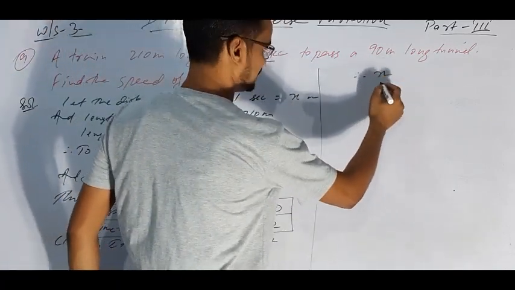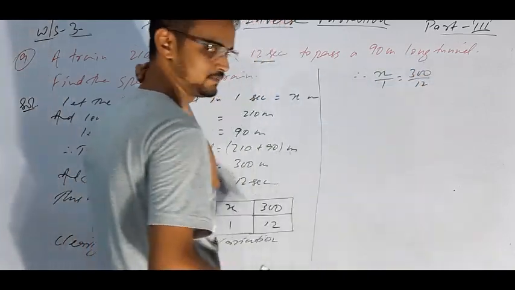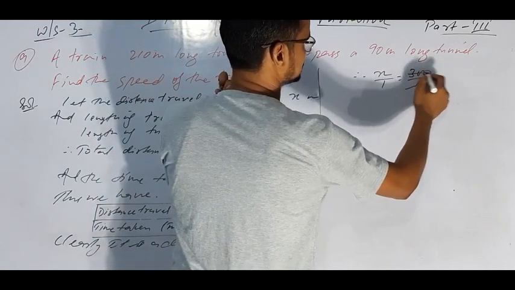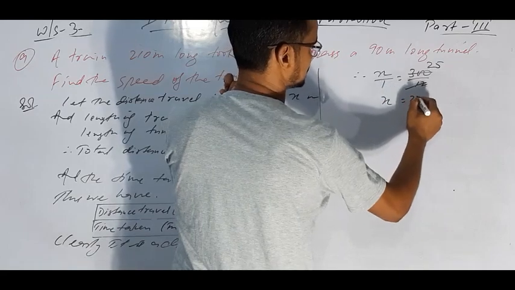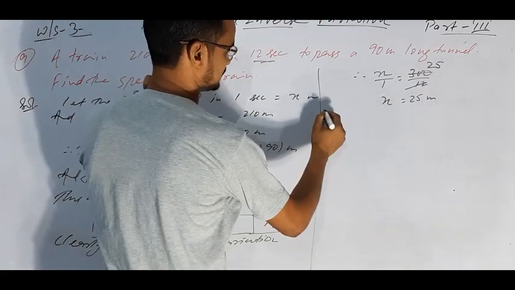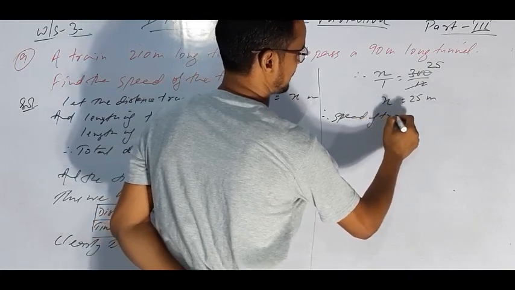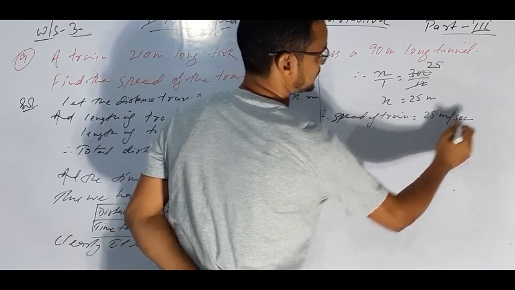Therefore, x by 1 is equal to 300 by 12. Cancelling, x is equal to 25 meter. Therefore, the speed of the train is equal to 25 meter per second.